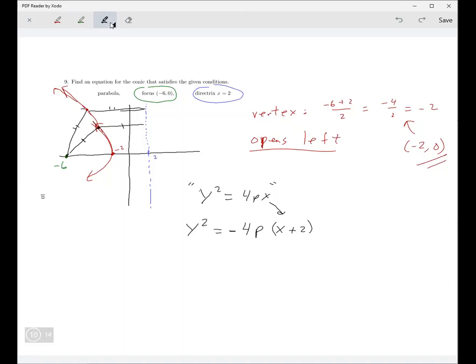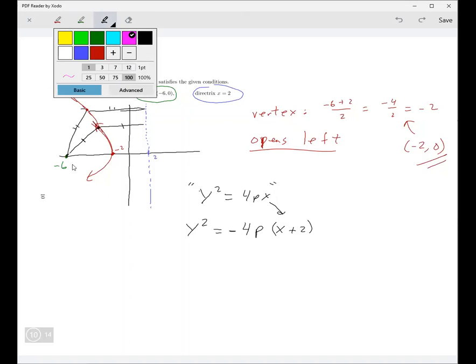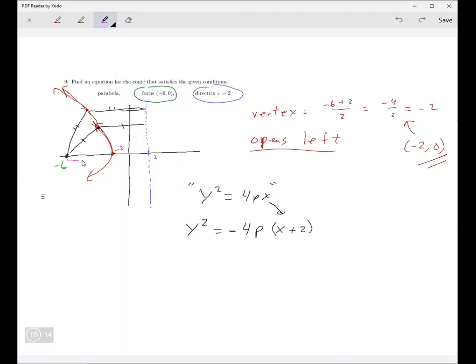P is going to be this distance right here, from here to here. So P will be the distance between the vertex and the focus. It will also be this distance here, between the vertex and the directrix.